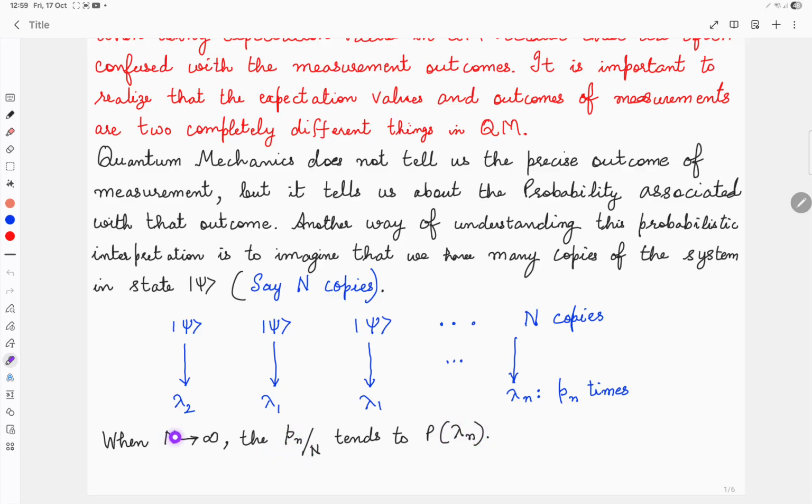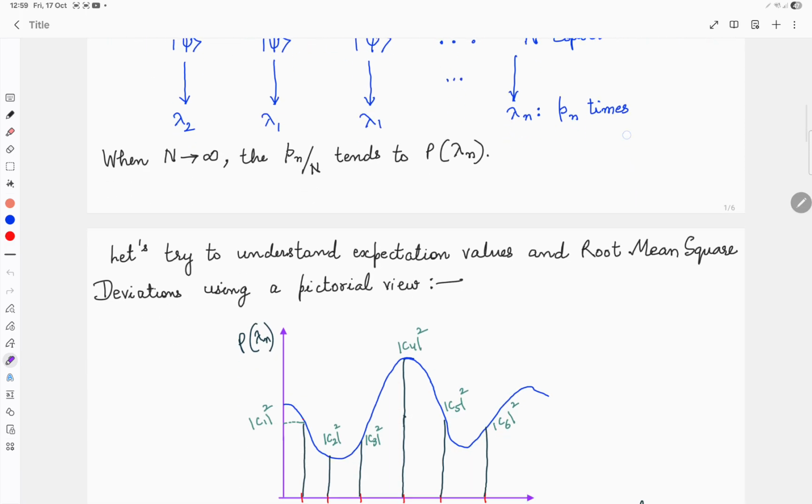So as N approaches infinity, the experimental probability approaches the theoretical probability. Ultimately, measurement is a probabilistic concept, and what outcome the system will have after measurement is probabilistic in nature.